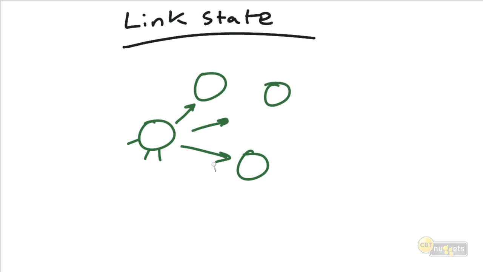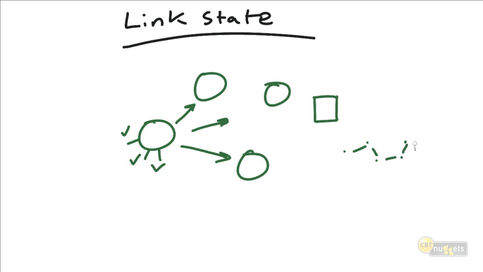That's right. Notice these devices are sending information about stuff they definitely know. And then these receiving devices will take this information, put it in a topology database, and derive their own map of what the network infrastructure looks like.